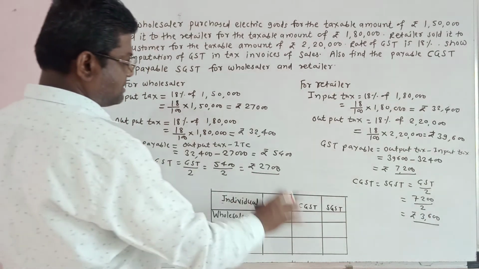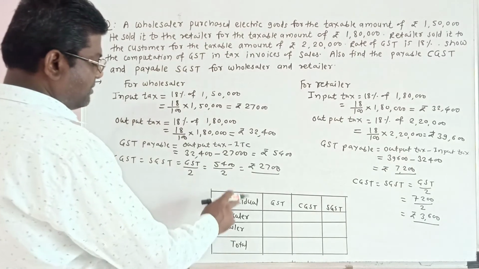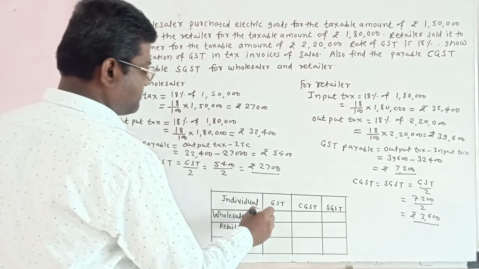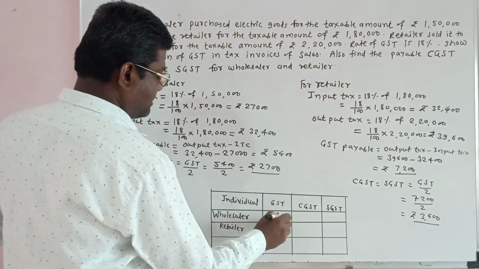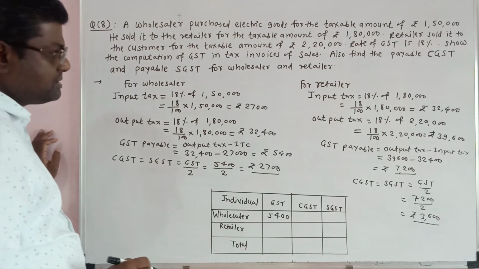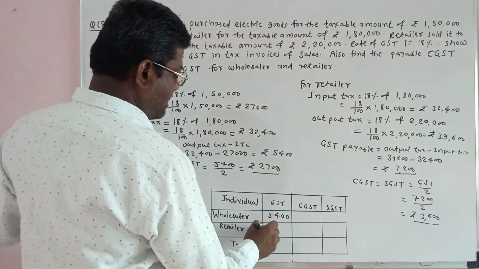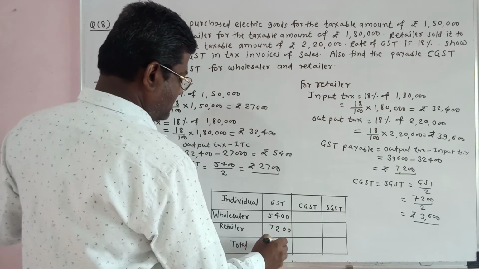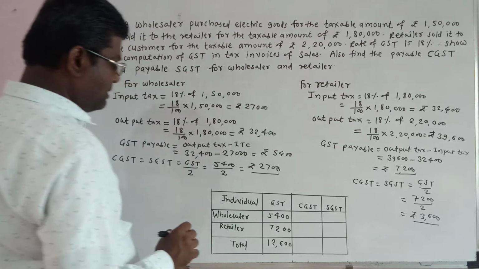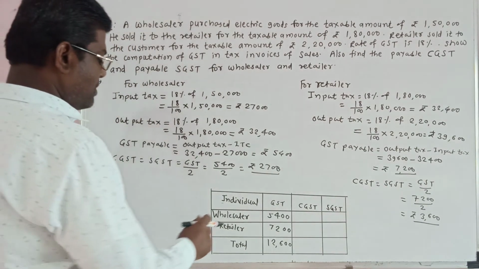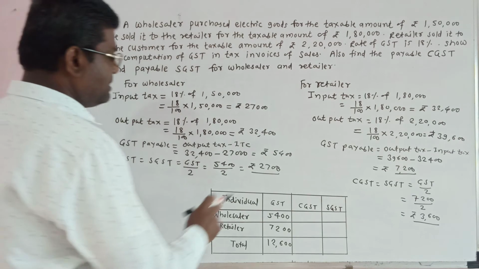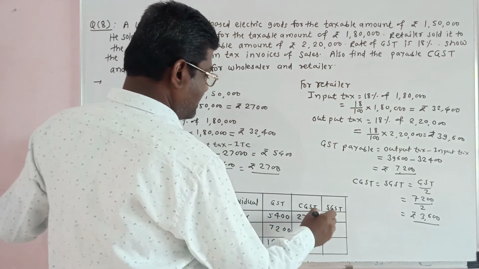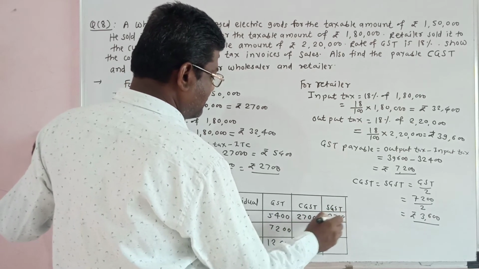Now let us fill this data. For the wholesaler, GST is 5,400 and for the retailer, GST is 7,200. So it will be 12,600 total GST. Now for the wholesaler, CGST is 2,700 and SGST is also 2,700.